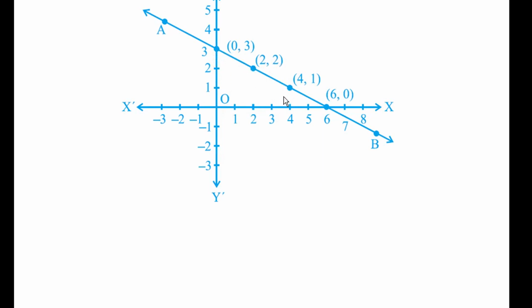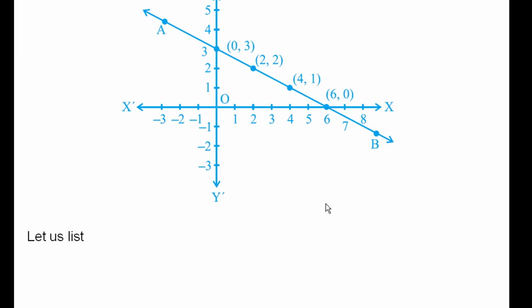On the x-axis is 4, on the y-axis is 1, and on the x-axis is 6, on the y-axis is 0. So you will get this straight line AB passing through these four points: (0, 3), (2, 2), (4, 1) and (6, 0).